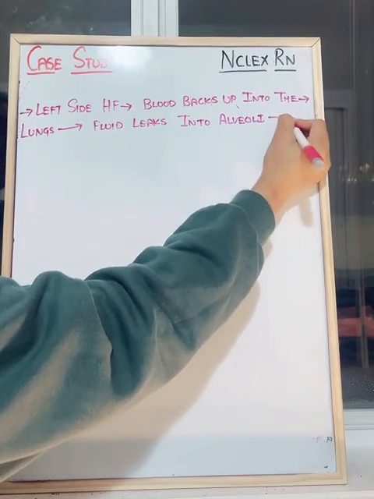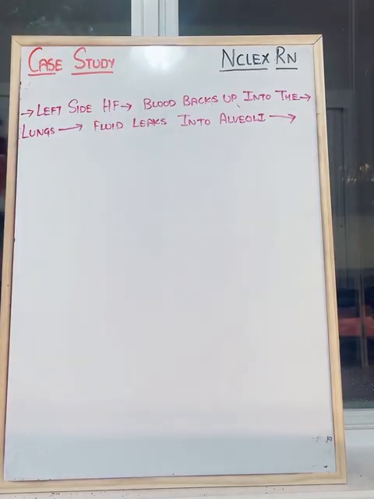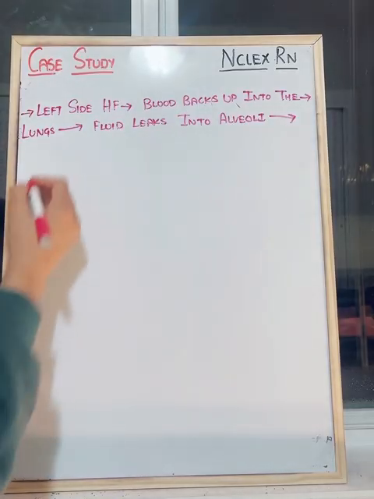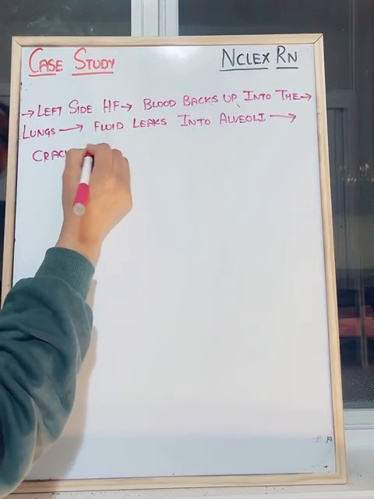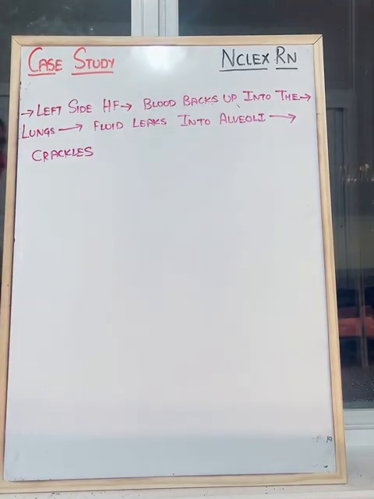And then what happened? Then crackles. First, what happened? Left side heart failure, then blood backs up into the lungs, then fluid leaks into the alveoli, then crackles.